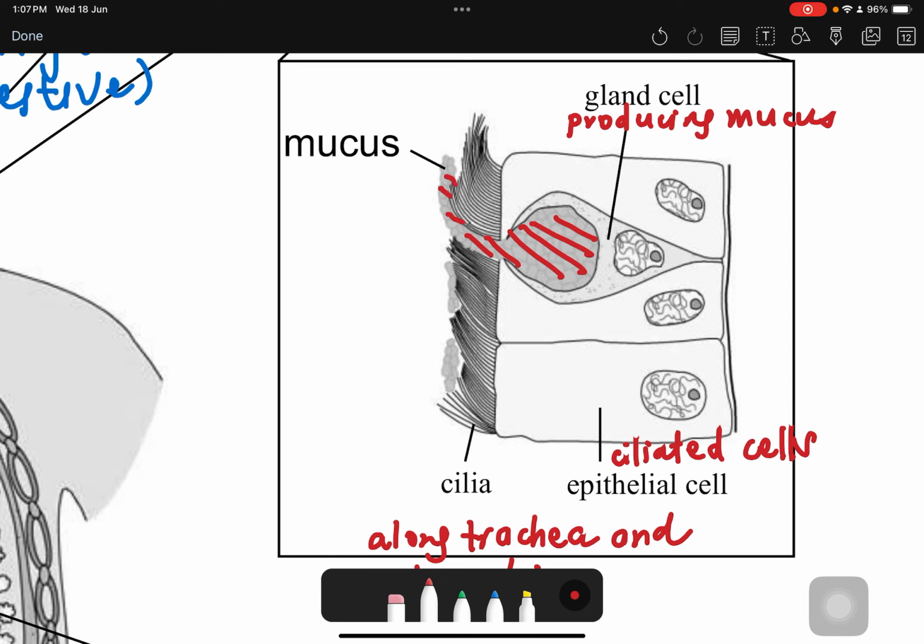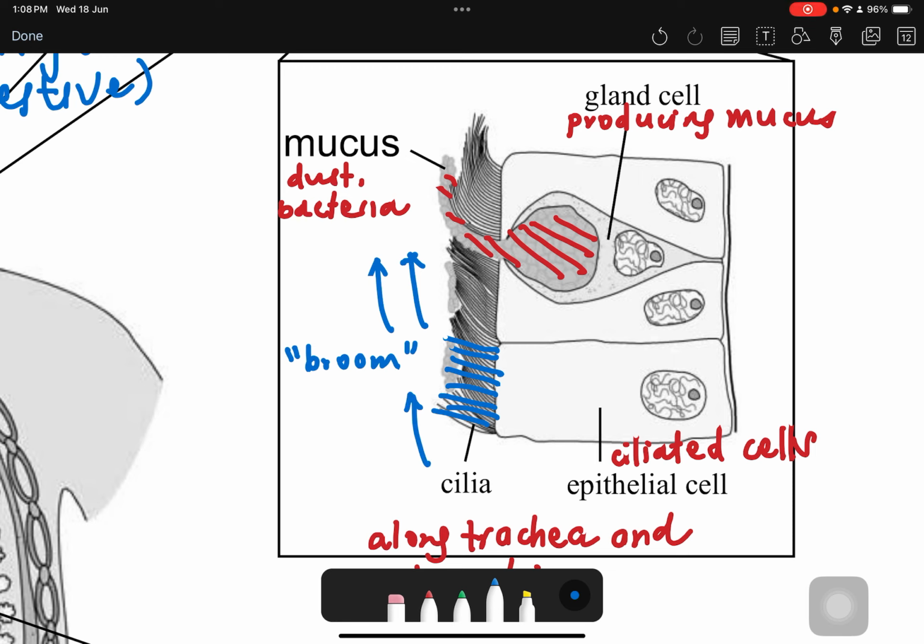Whereas for ciliated cells, at the end of the cells, you will find this hair-like projection that acts as a broom, to sweep the mucus that traps dust, bacteria, and other foreign substances, to sweep it up off the trachea instead of them entering your lungs. So this is a defense mechanism as well to protect your immunity.